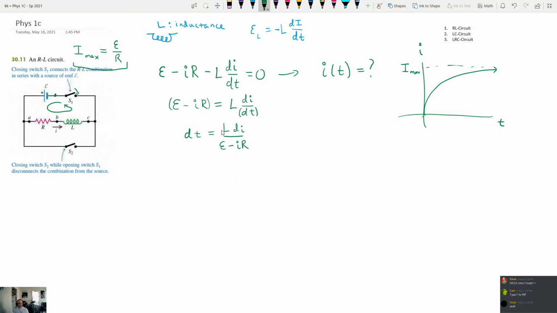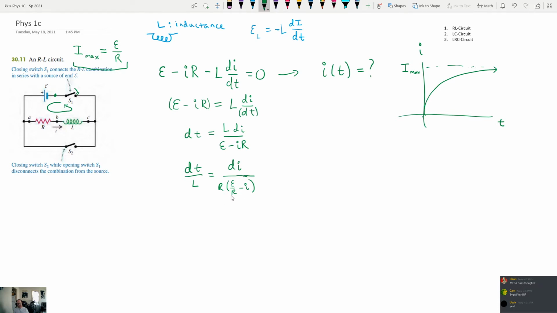So let's divide L to the left-hand side. The left-hand side is going to become dt over L. And I think I want to factor an R out of the denominator right here. So the denominator is going to become di divided by R times E over R minus I. And then I can multiply the R to the left-hand side.